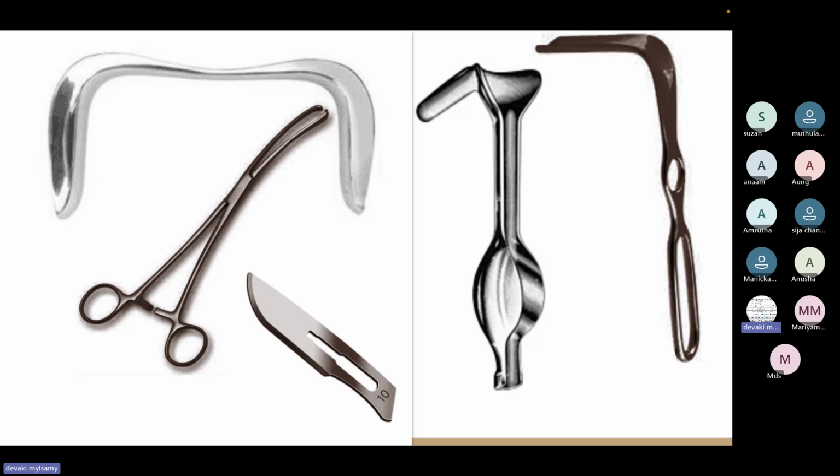Now, how are you going to proceed? A Sims speculum needs to be inserted. Either a Sims speculum or Auvard's self-retaining retractor can be inserted. With the help of two vulsellum forceps, the anterior and posterior lips of the cervix can be held and pulled down to know the descent.